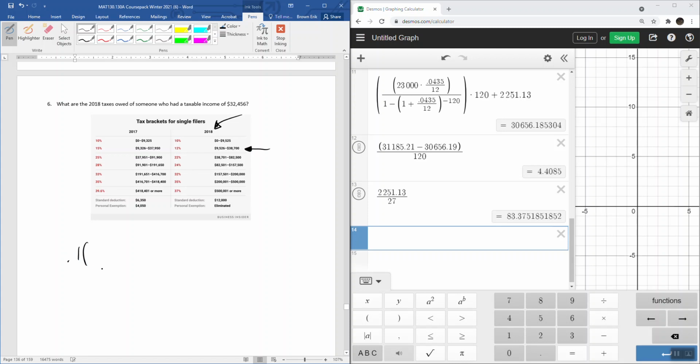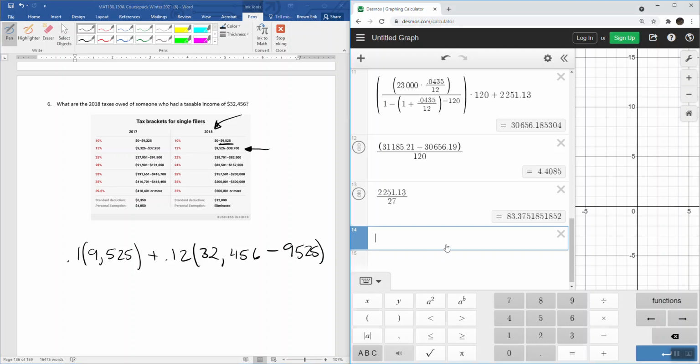So they're going to owe 10% on the first $9,525 they make, and they earn 12% on the next amount over that. Well, their maximum taxable salary was this $32,456. So we're going to take that and subtract this number to get how much money is within this tax bracket.